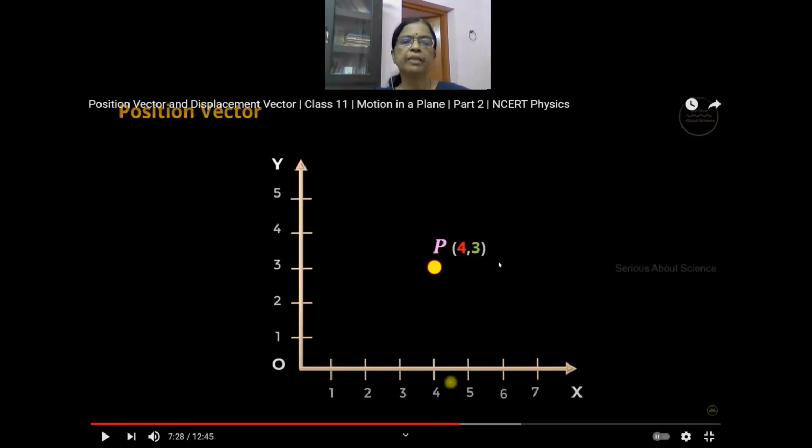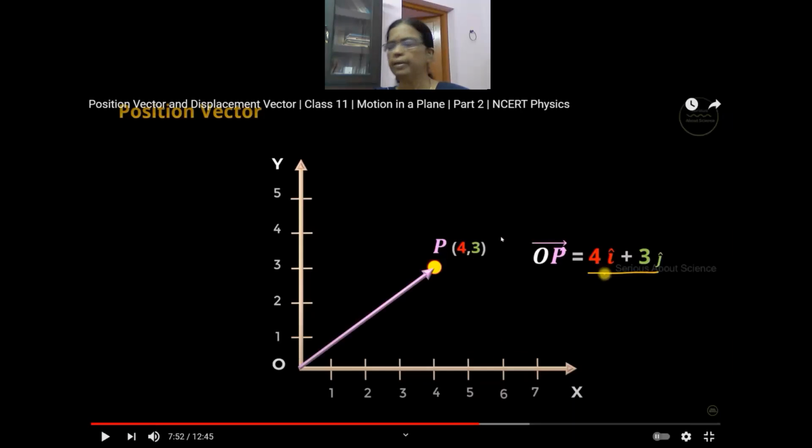I will ask Aishwarya. Yes, how will you represent the position vector OP? Vector OP equal to, tell. It has moved 4 distance along the x-axis, 3 centimeter along the y-axis. So how will you represent vector OP?